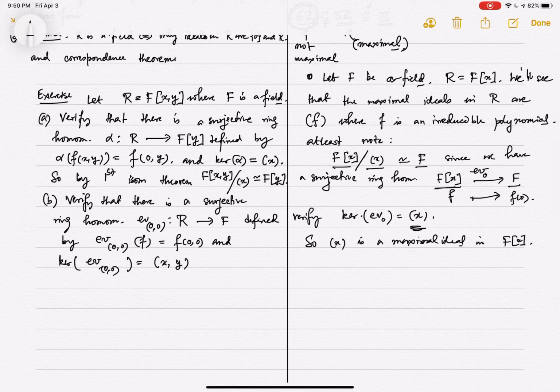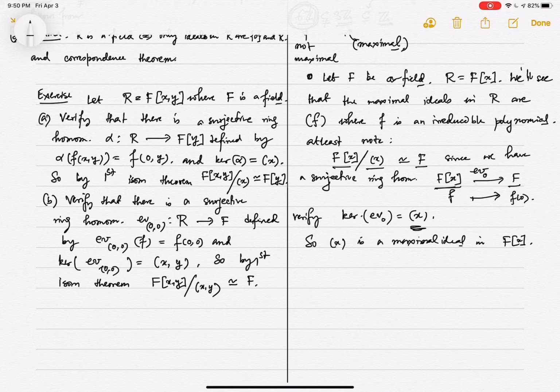So things that can be written as x times a two-variable polynomial plus y times a two-variable polynomial. So by the first isomorphism theorem, if you take the two-variable polynomial ring, which is the domain of this homomorphism, and quotient out by the ideal, then you get F.